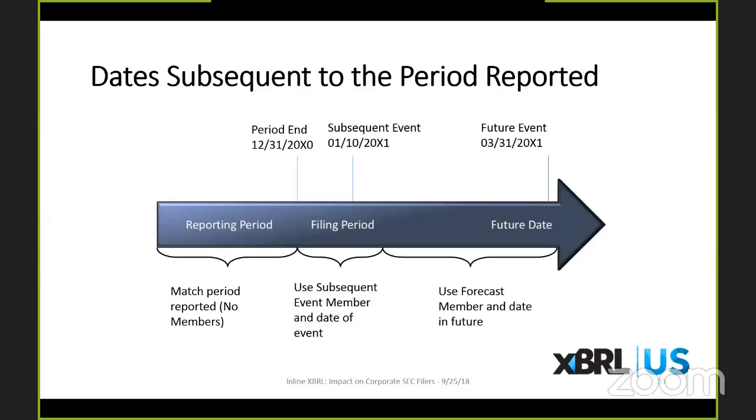Once again, there are specific rules on when to use members or dimensions and when not to, and those haven't gone away. So if it's a subsequent period to the filing, you'd use a subsequent event member. And if it's a future date from the filing period, then you would use a forecast member for that dimension. So once again, not new, but just knowing that these requirements do not go away.